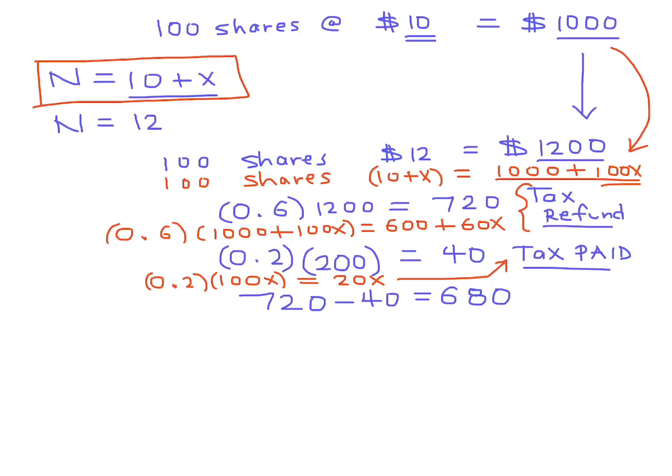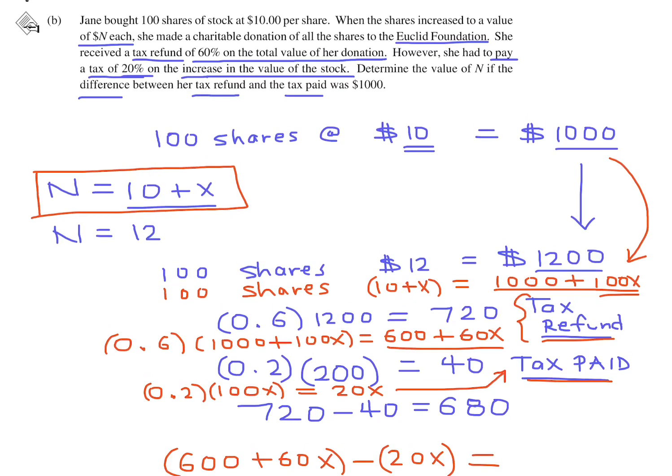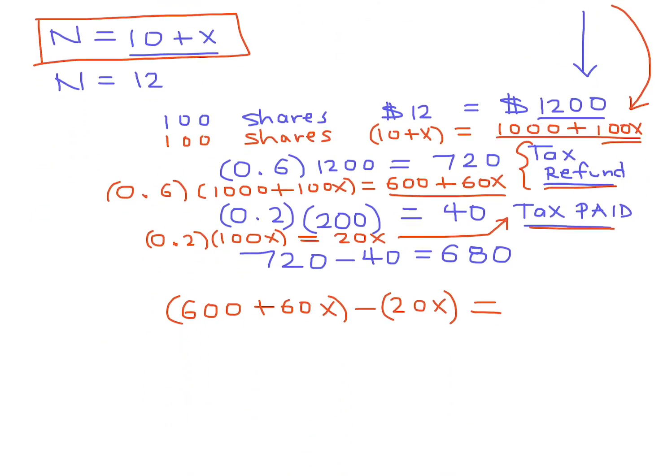Now the difference between the tax refund and the tax paid is the difference between 600 plus 60X and 20X. This minus that. All right? And they are telling you in the question that is equal to 1,000. So plug 1,000 here and you solve for X.